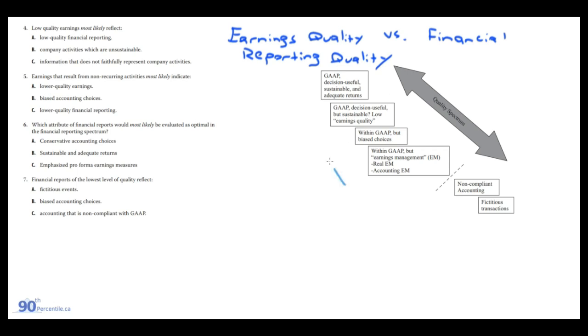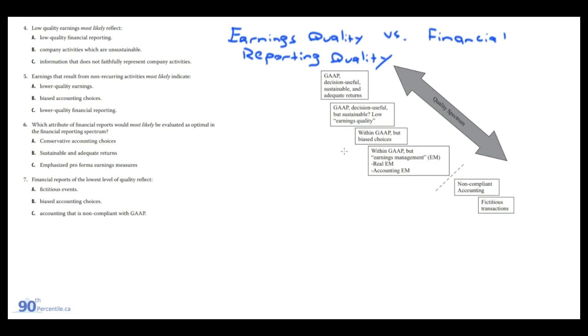So we have the very far end of the spectrum here, which is good financial reporting quality, so the information is decision useful, and the earnings quality is high because it has sustainable returns and adequate returns. So returns that are adequate enough to provide a good enough return to shareholders after meeting all the company's obligations. And then coming down the spectrum, we have decision useful financial reporting and maybe not so sustainable earnings.